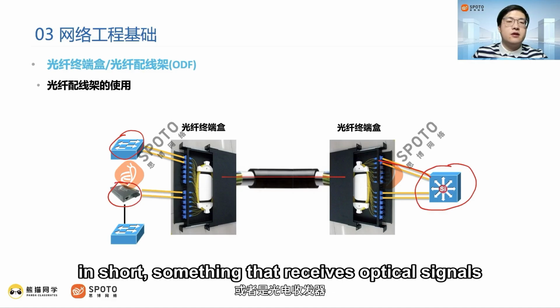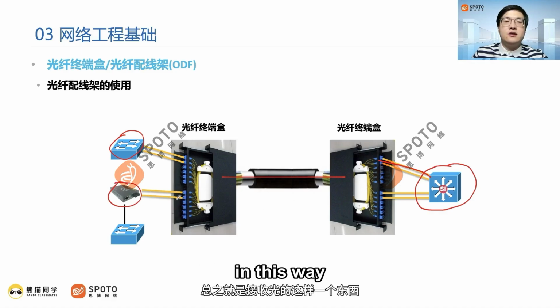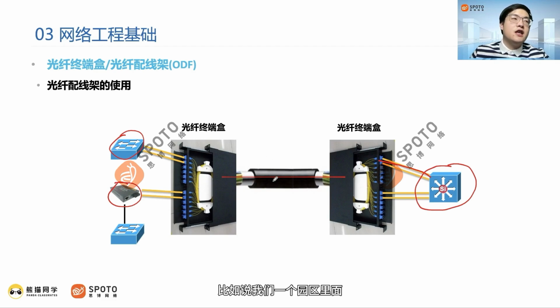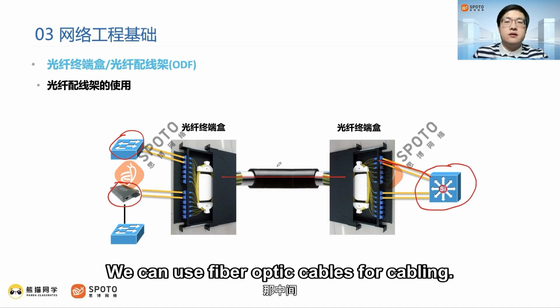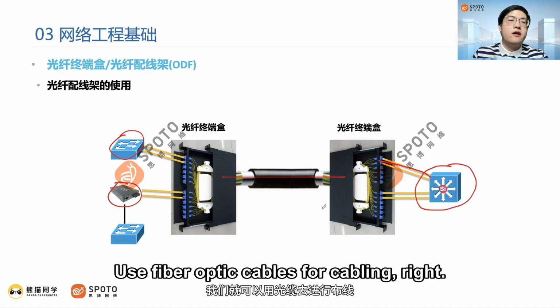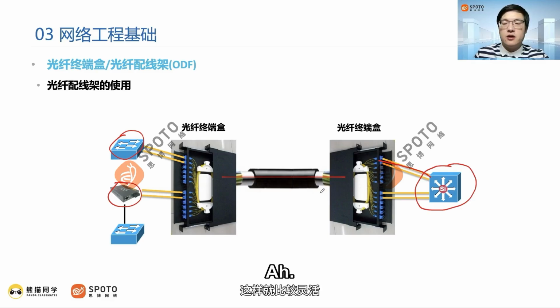In short, that's how it's done. In this way, we can transmit, for example, in a campus network, from one building to another, and in between, we can use fiber optic.